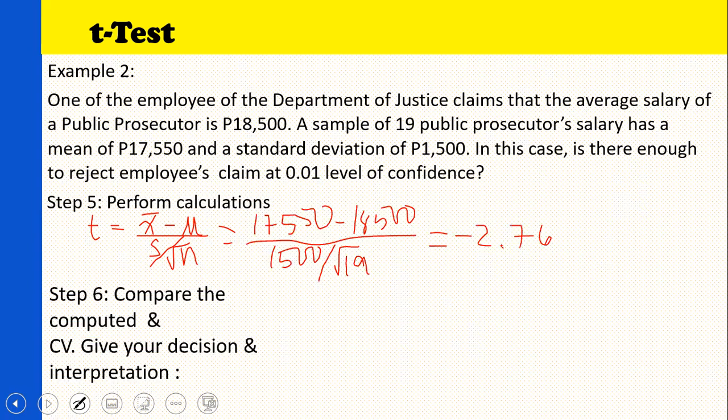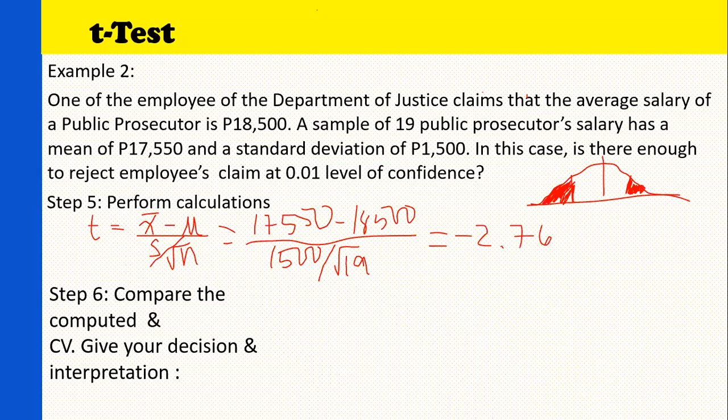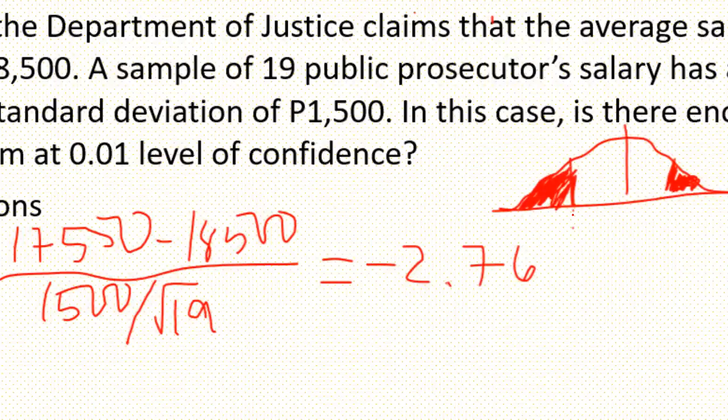So meaning, if we're going to graph under the tail, this part is the rejection region. So this is already a two-tailed test. So we can see our critical value is located on this region.